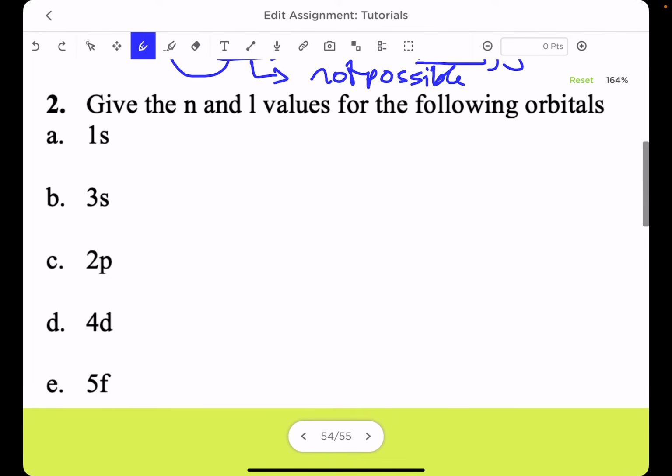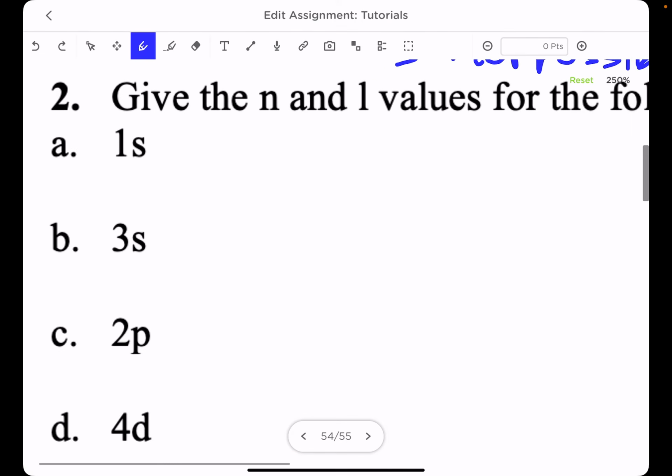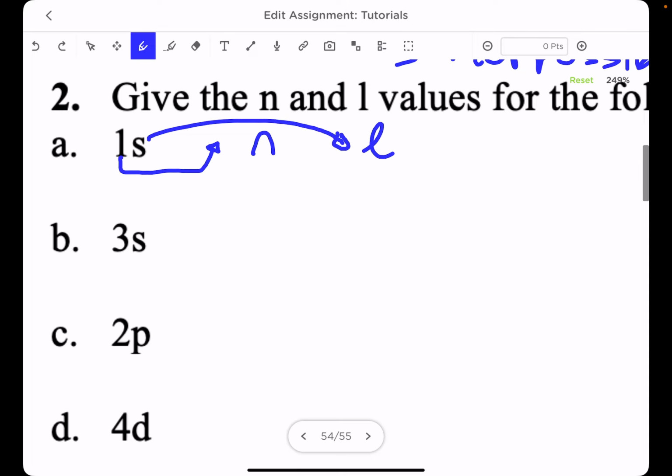Another question: give the N and L values for the following orbitals. So here we go. When I read 1s, the number gives me the N, and the letter gives me the L. Since I see 1, N is 1, and since I read S, L is 0. Again, 3, so N is equal to 3, and because I read S, L is equal to 0.